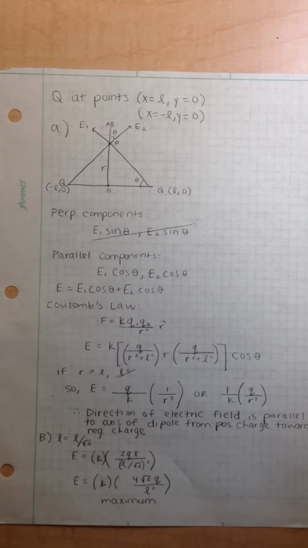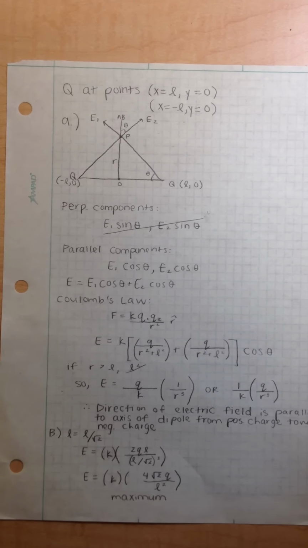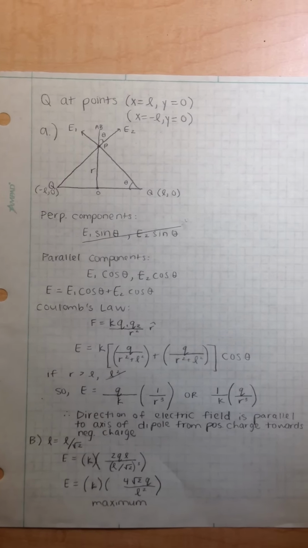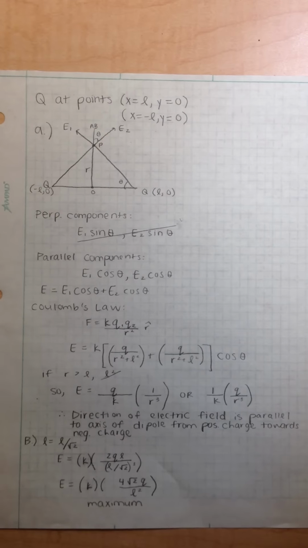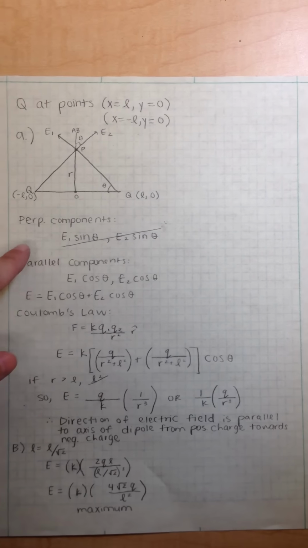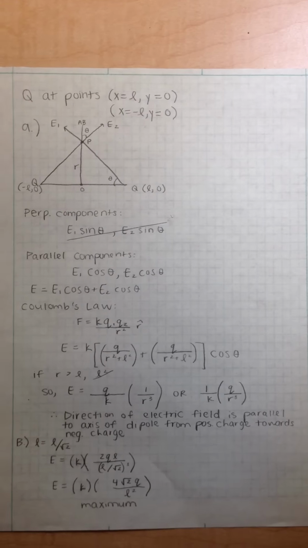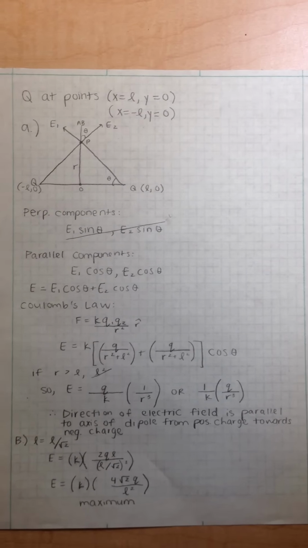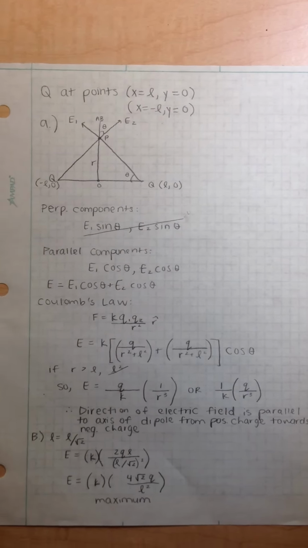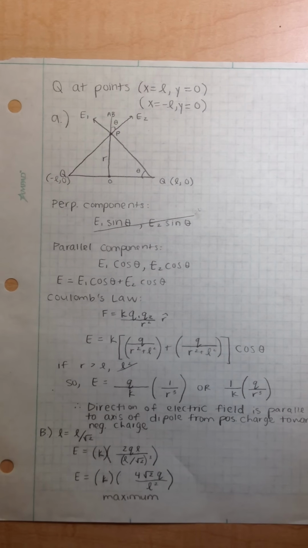First, I used E1 and E2 and split them up into two components, the parallel component and the perpendicular component. The perpendicular components were E1 sine theta and E2 sine theta. Those cancel each other out because they're equal and opposite.